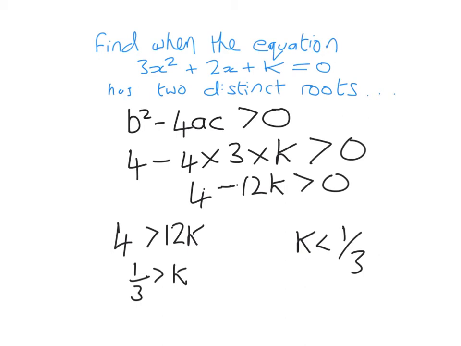I could put in any value here that's less than a third, and I know it would have two distinct roots. If this is greater than a third, then it wouldn't. So when we ask when does this equation have two distinct roots, we put the discriminant greater than 0 and we solve the inequality.